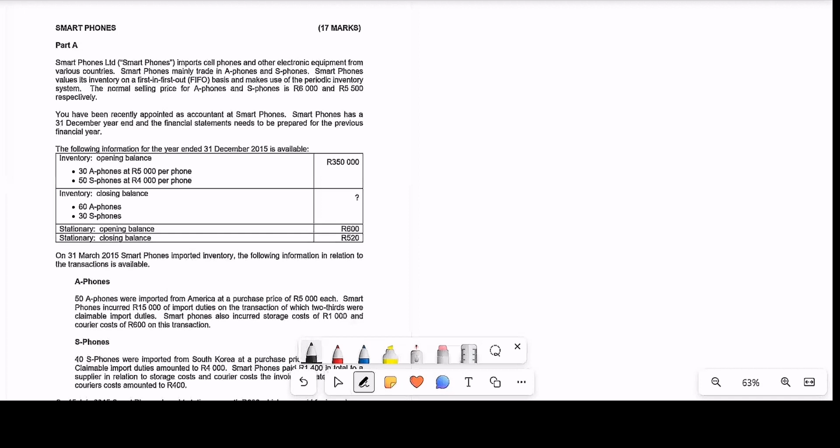So also the valuation will be different, because with the first in, first out, the goods that were bought first will be sold at, let's say, we'll get rid of them in our books at the initial price they were acquired for. And with the weighted average, we'll calculate an average between all the goods on hand, including old and new, and we'll get a cost that we will dispose of them at.